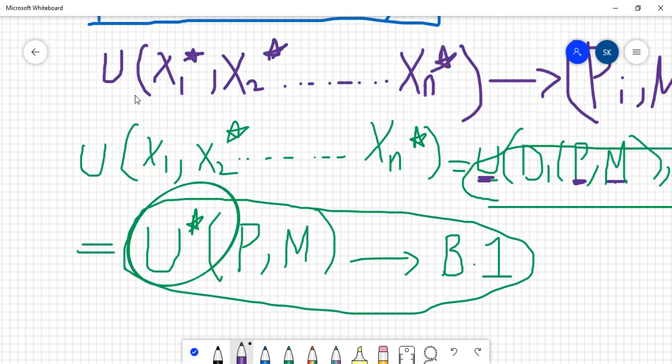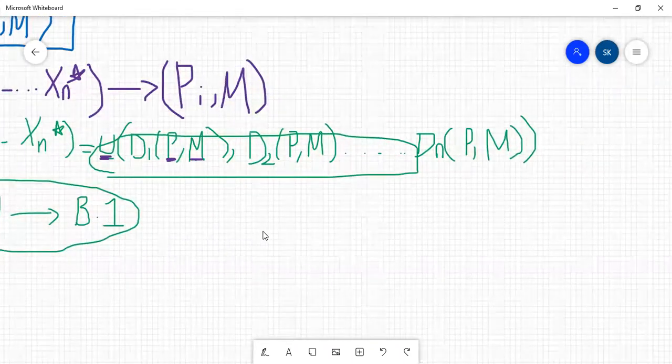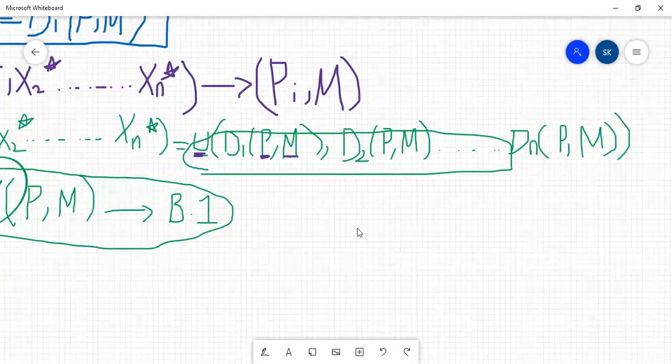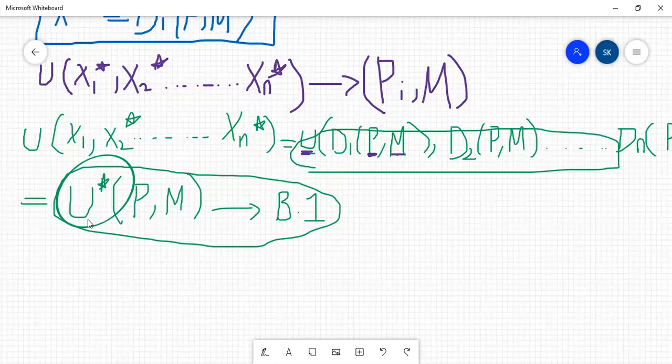So we can use U star to investigate the effects of changes in the price and money income on the consumer's utility. Let me just make it clearer to you. This U star is known as the indirect utility function.